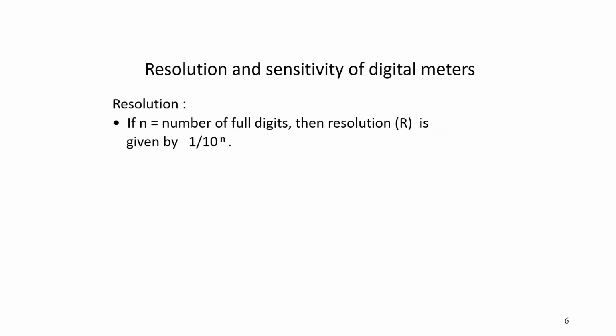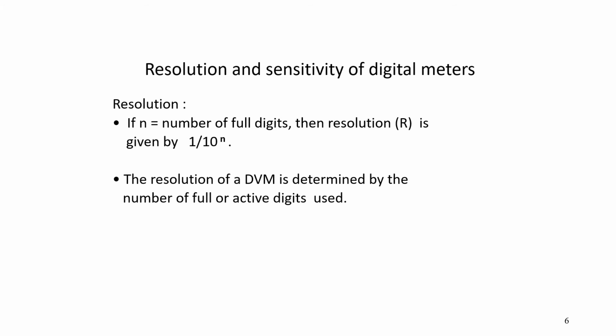So what do you understand by resolution? If n is the number of full digits, then resolution R is given by 1 by 10 to the power of n. So the resolution of a digital voltmeter is determined by the number of full or active digits used.